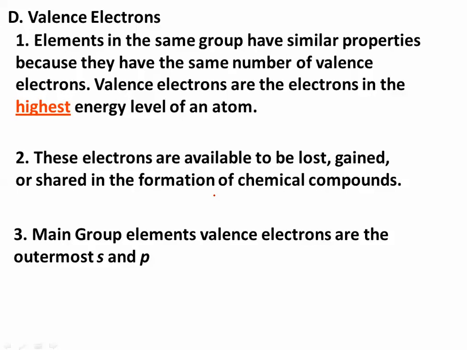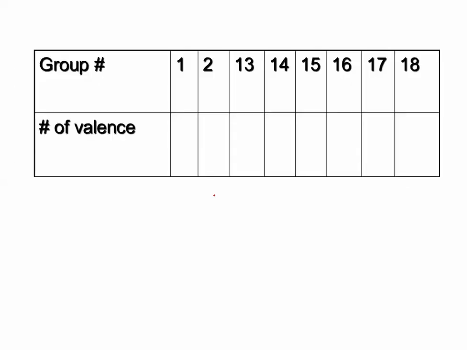To figure out, for the main group elements, how many valence electrons they have, you add up the outermost s and p electrons. So basically, in group 1, we have 1. Group 2, we have 2. We skip the d block, and group 13 has 3, 4, 5, 6, 7, 8, like that. That's the trend for valence electrons.